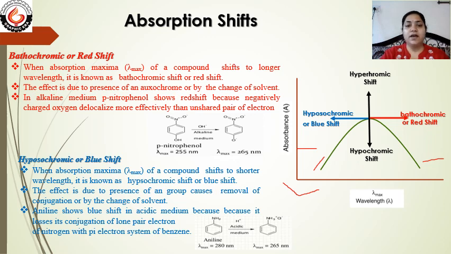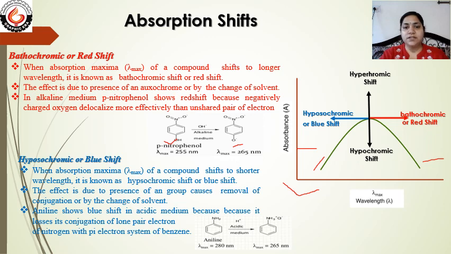Here an example is given. In alkaline medium, para-nitrophenol shows the red shift because negatively charged oxygen delocalizes more effectively than the unshared pair of electrons. So in alkaline medium only oxygen is there, and in other medium OH is there.